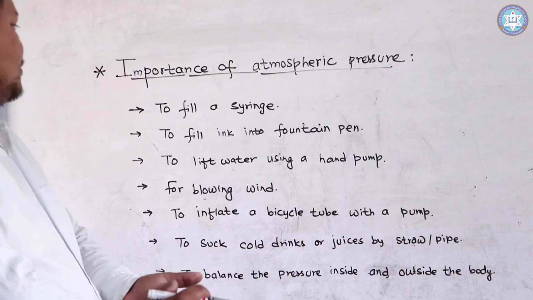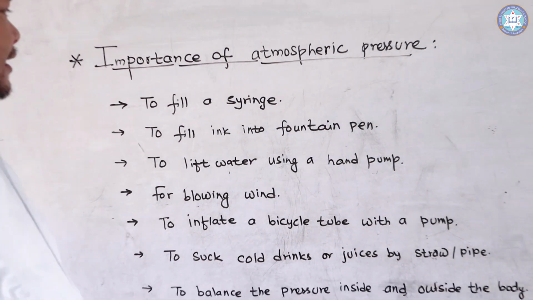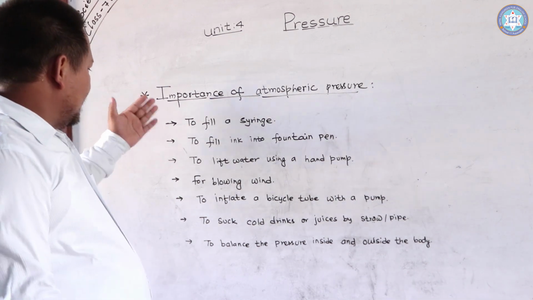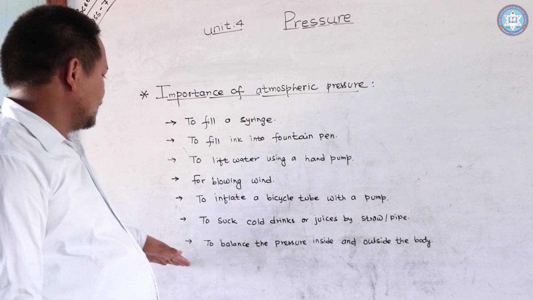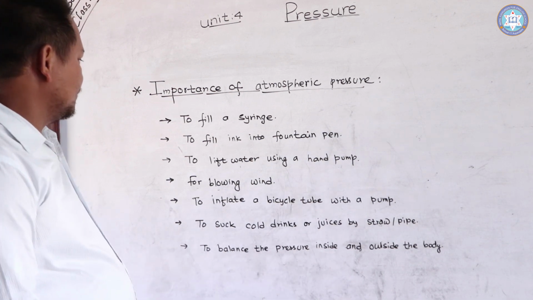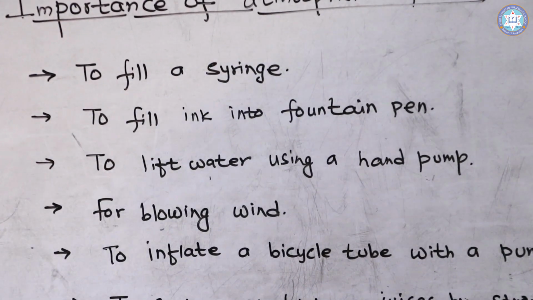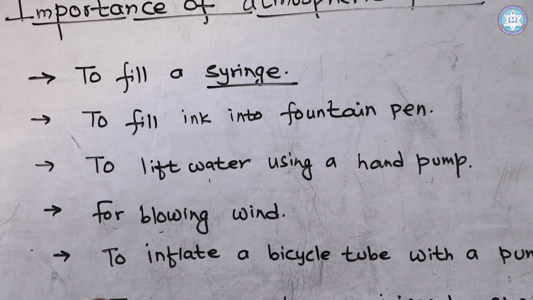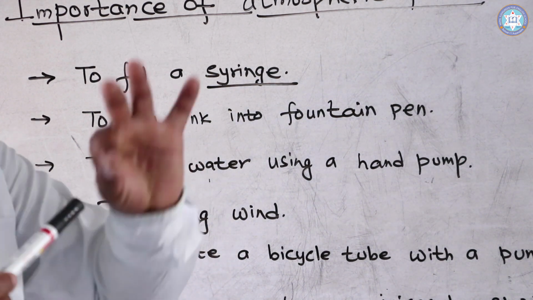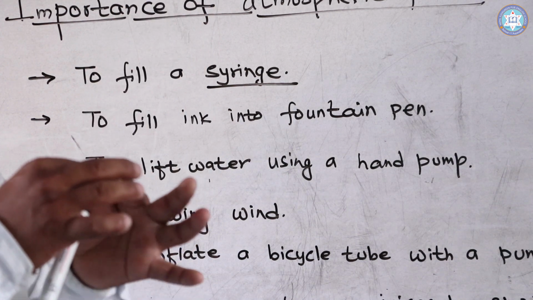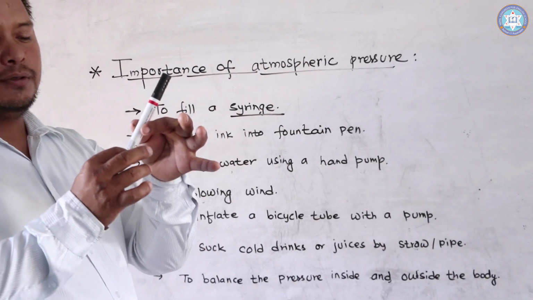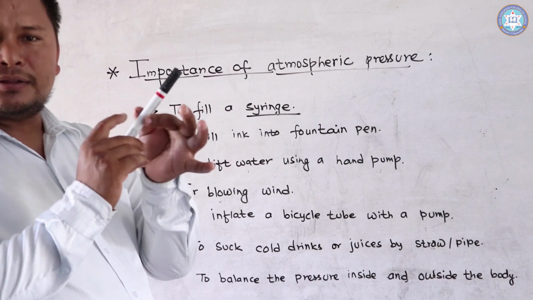Now I am going to discuss the importance of atmospheric pressure, and I have listed the points on your board. First is to fill a syringe. You know syringes are used by doctors, nurses, and clinics. In a syringe there are three main parts: a hollow needle, a storage cylinder, and a piston.